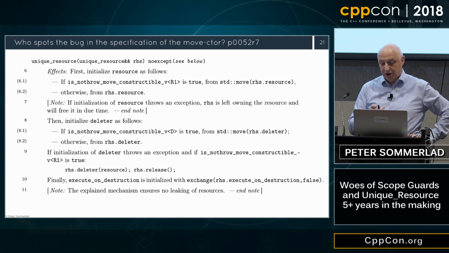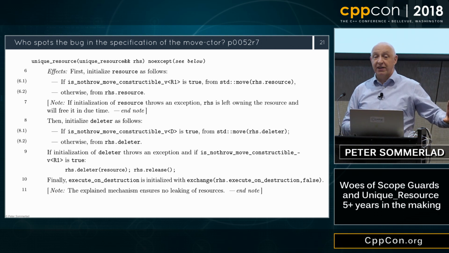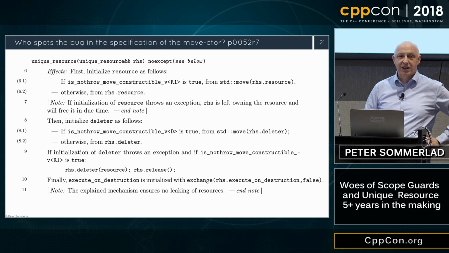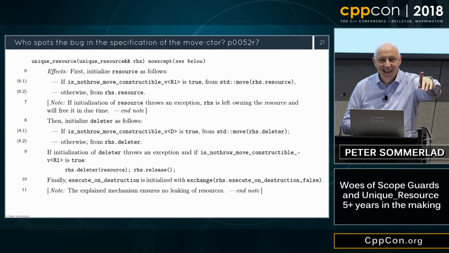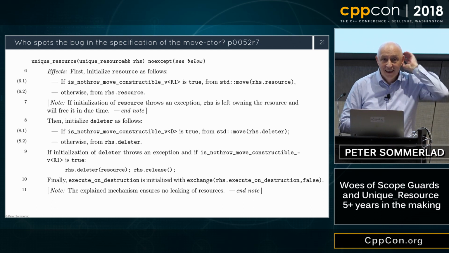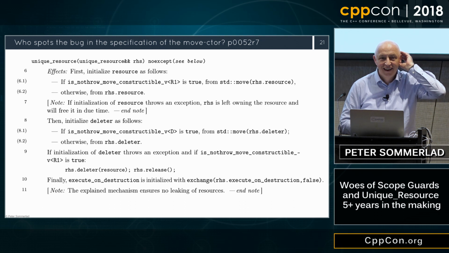Anybody found the problem? So you actually might not run the deleter when you delete the object. Yes, if you manage to copy the resource across, but you don't manage to copy the deleter, then nothing's movable, so everything has to be copied. So you get a copy of a resource, but then the deleter can't get copied. So now you only have one deleter, the original one, that can delete the original resource.